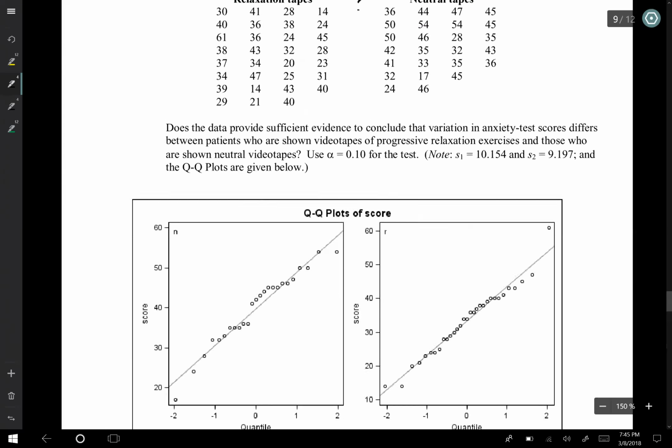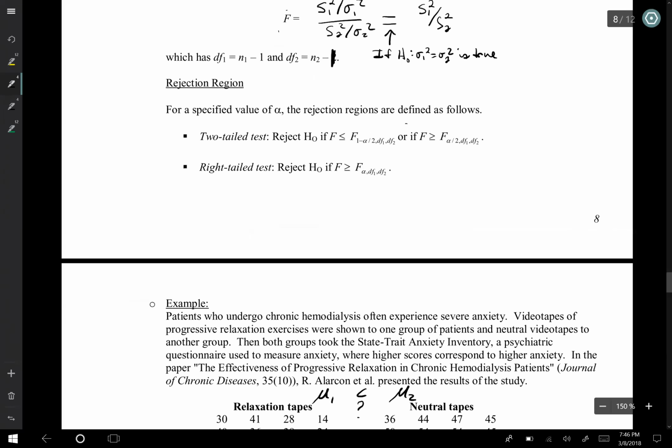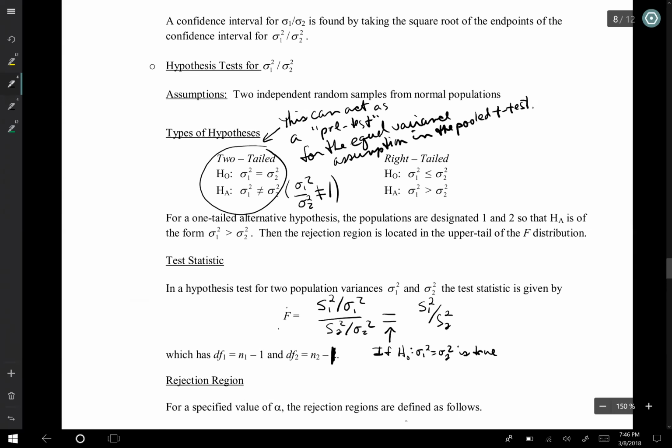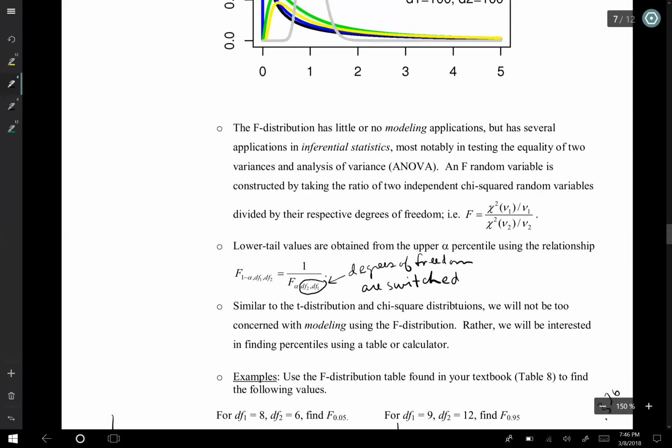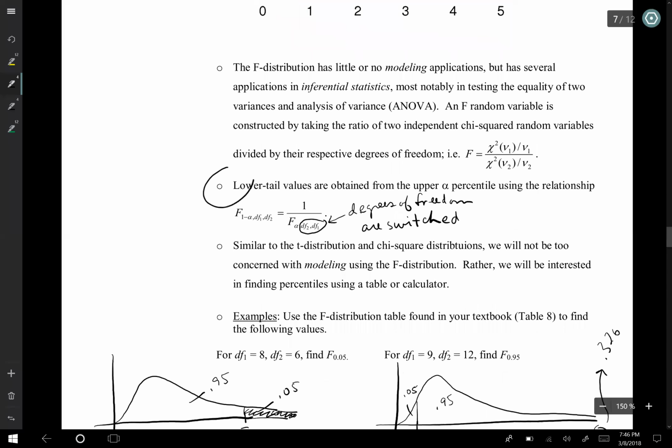In terms of the notes, yeah, that part is referencing that photo. Oh, okay. If you want a lower tail percentile, you use that expression there.